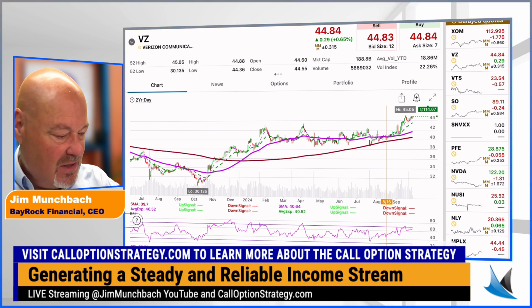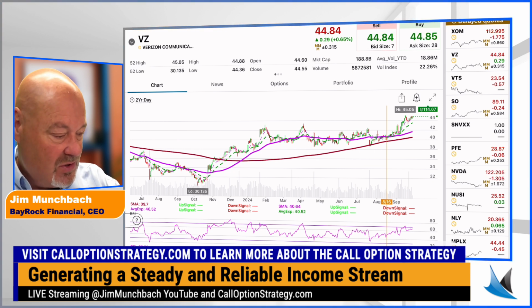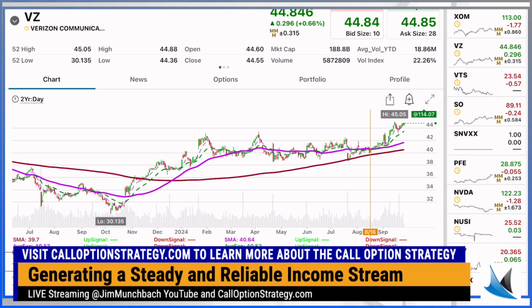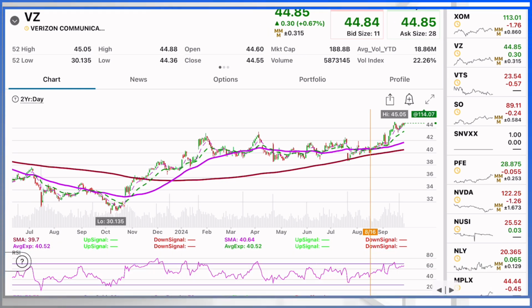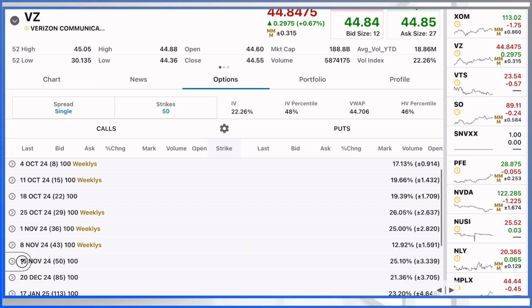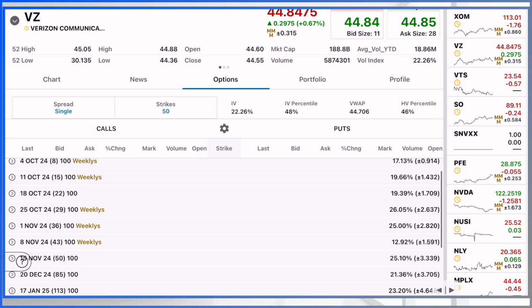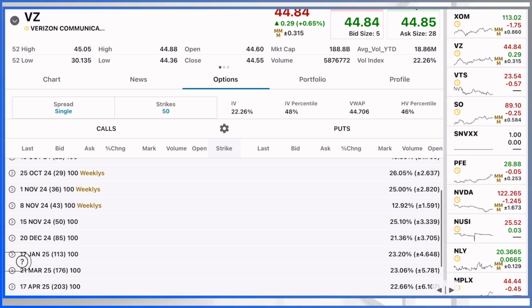I'm going to jump over here and change my screen so you don't have to see my face, but we can just look at the chart. And as we look at this chart, we want to jump into the options and see what we have. So again, I'd say this November 120.